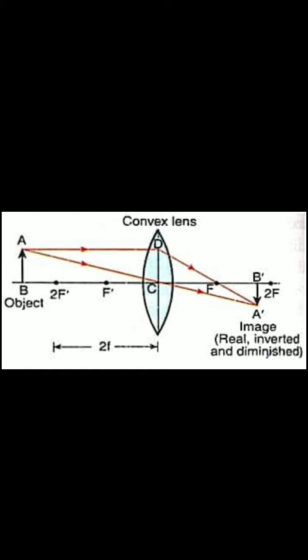But in this case, the image will be smaller than the object. That means diminished. Real, inverted and diminished. When the object is placed beyond 2f dash, the image is formed in between f and 2f. That means the right hand side. This is the ray diagram for this case.